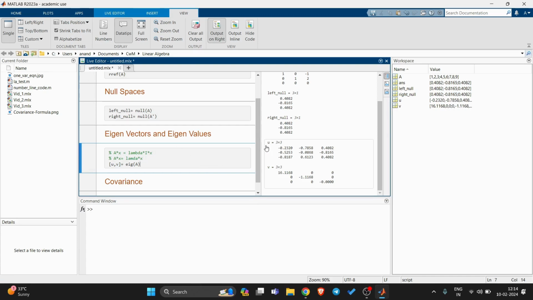So as you can see here, U contains the eigenvectors, and V contains the eigenvalues.